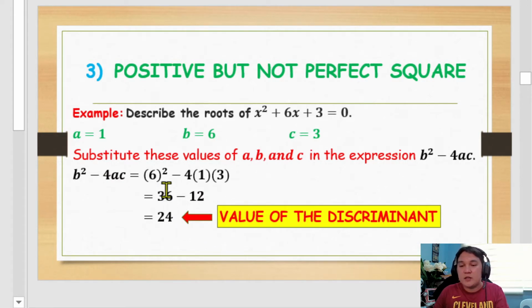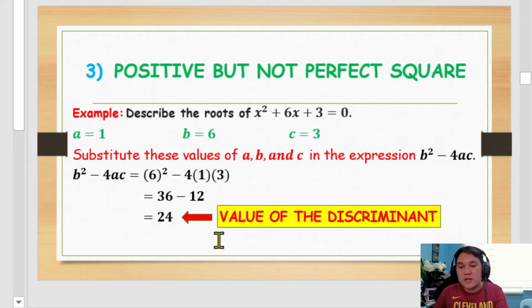Then 6 squared, that gives us 6 times 6, that is 36, minus 4 times 1 times 3, that gives us 12. Then, 36 minus 12, that gives us 24.